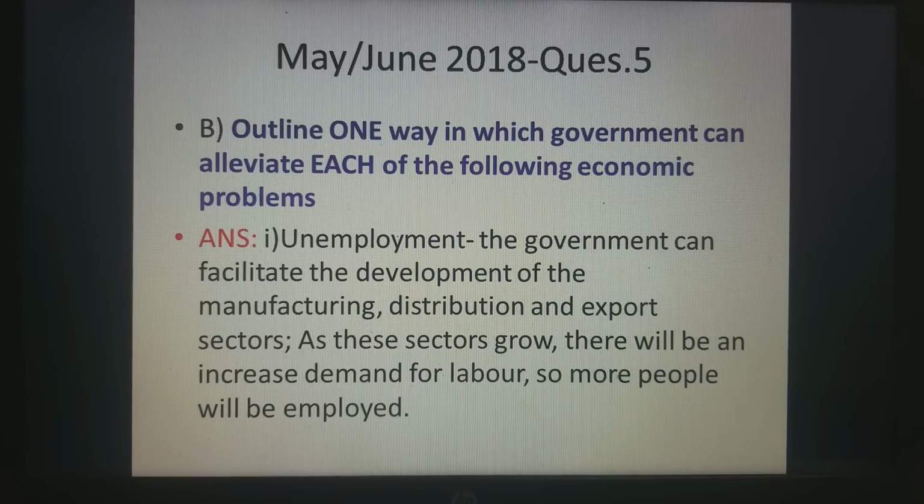They can put in place measures to support the manufacturing sector, the distribution sector, and the export sector. And when these sectors have increased in their production and their activity, then it will demand more persons to work in those areas. So we are reducing unemployment.